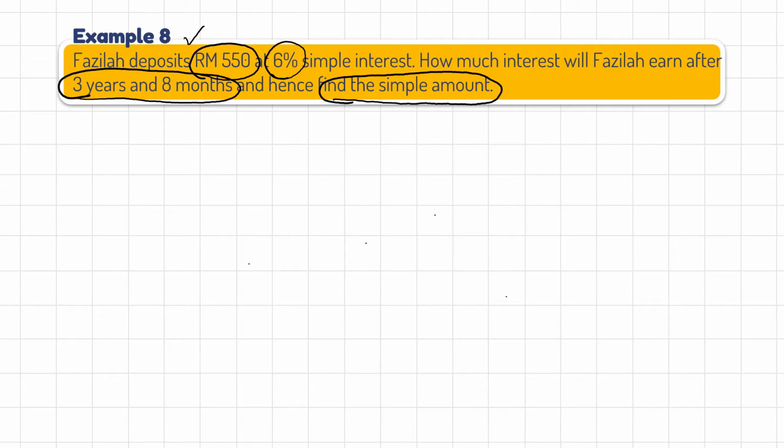The question gives us the amount of 550 ringgit, which is the one that Fazilah deposits. Therefore, this is our P, which is P equals to 550 ringgit. R percent should be our R, 0.06.